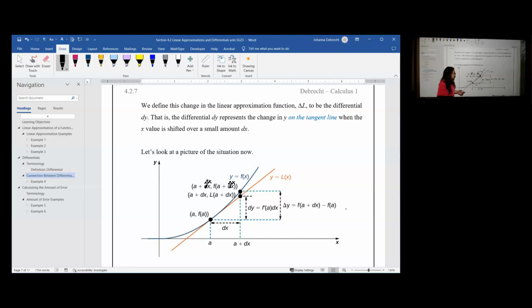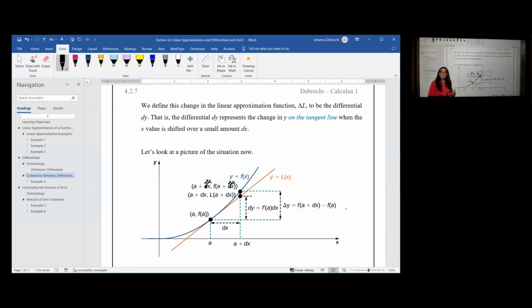Why did they do that? Notice that dx and delta x are the same. That's right, the differential dx is actually the change in the function as well. So dx and delta x are identical. They're equal. It is not true for dy and delta y.